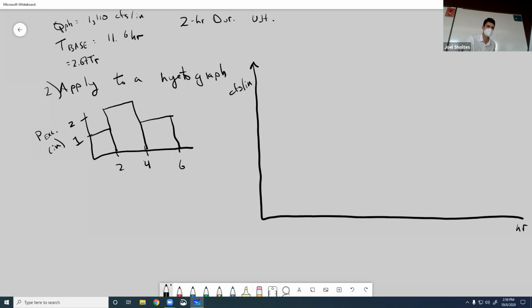This is hours. That first unit hydrograph peaked out at 11,000. And it ended at 11.6 hours. So let's say this is 5, 10, 15.